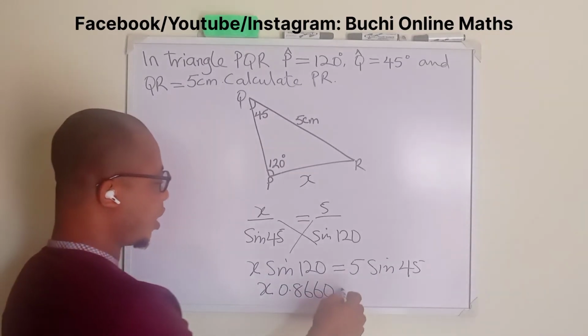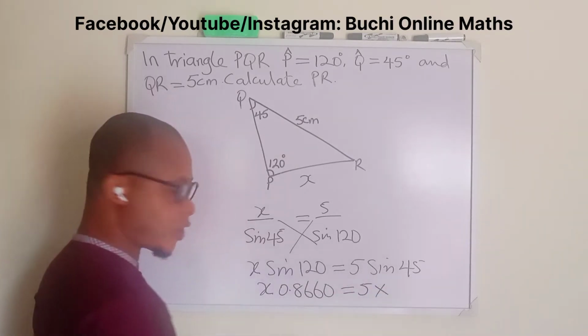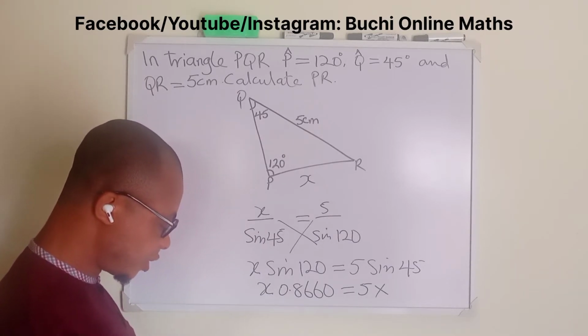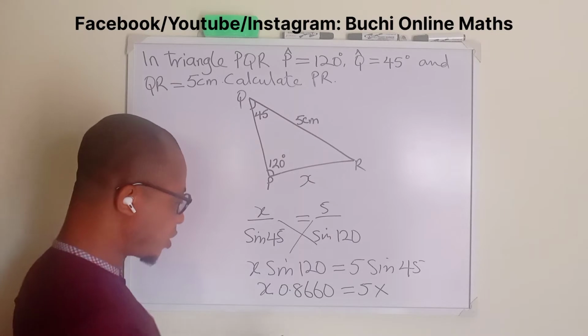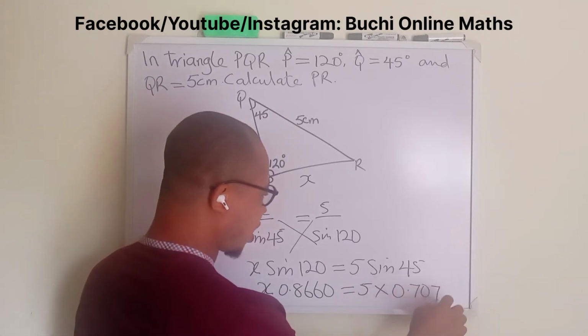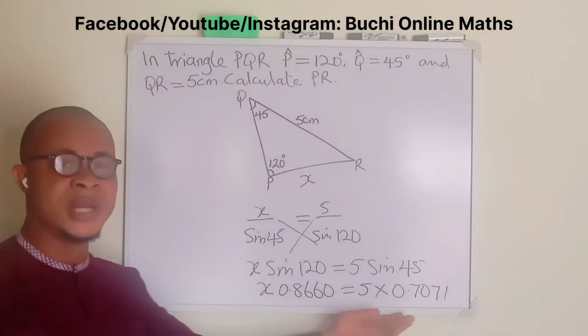So we have X times 0.8660 equals 5 times sine 45 degrees. Sine 45 degrees will simply give us 0.7071. Okay, so we're almost getting our answer.